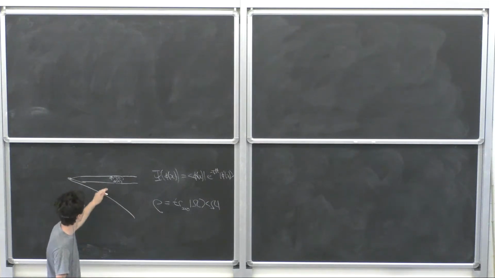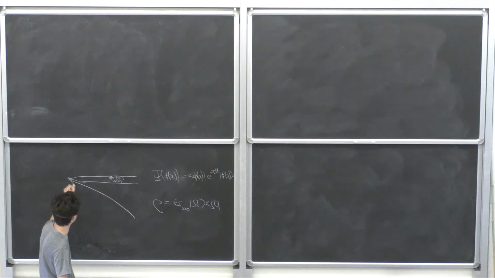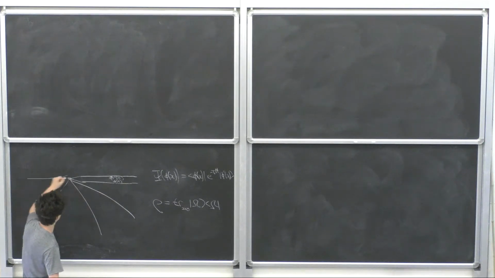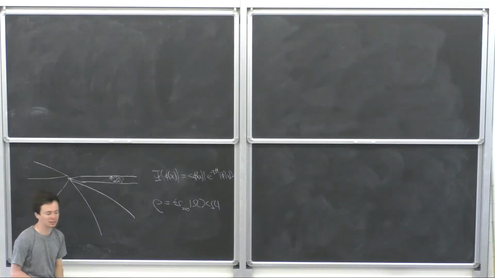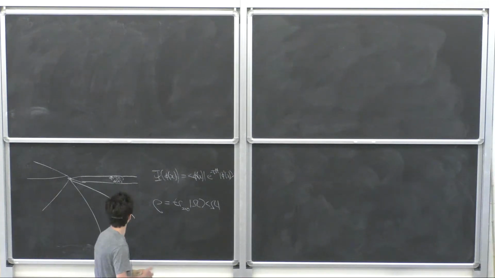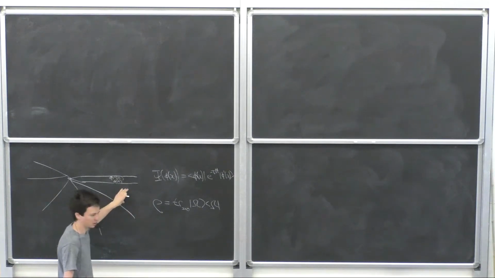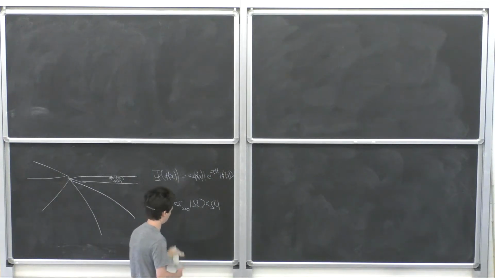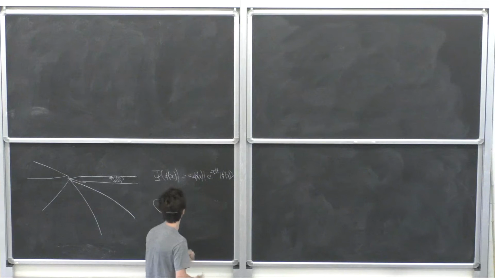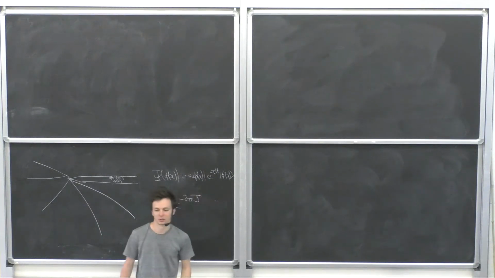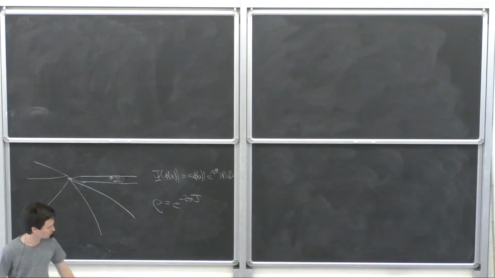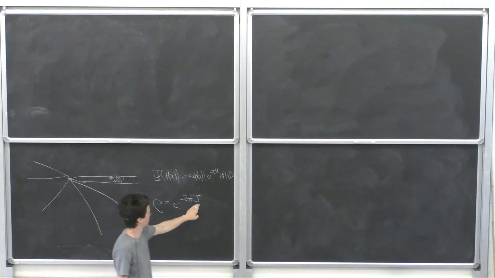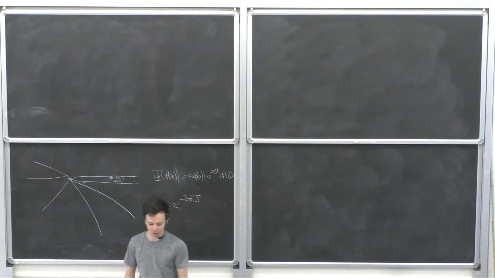So we break it into little pieces. Each of those little pieces is just a Euclidean rotation, and so we conclude that this density matrix is just e to the minus 2 pi times the generator of Euclidean rotations. In Lorentzian signature, this is the generator of boosts.